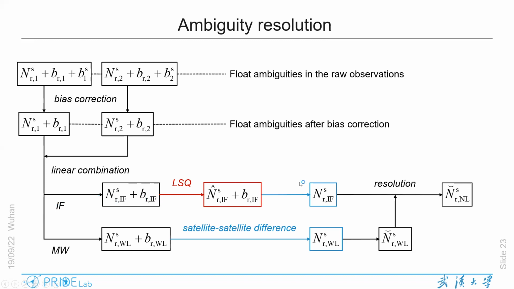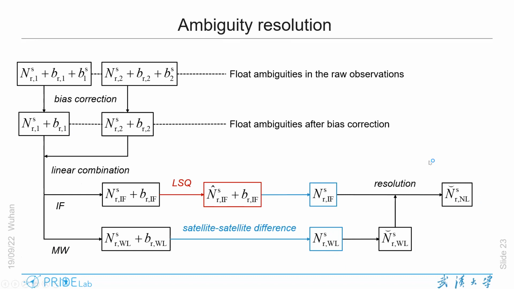However, these ambiguities cannot be solved to integers directly because they cannot be represented as integer multiples of N1 and N2. So we will form another linear combination called the Melbourne-Wübbena combination to form the wide-lane ambiguities. The wide-lane ambiguities are first resolved, which helps decompose the ionosphere-free ambiguities into the narrow-lane ambiguities, and then you solve them.